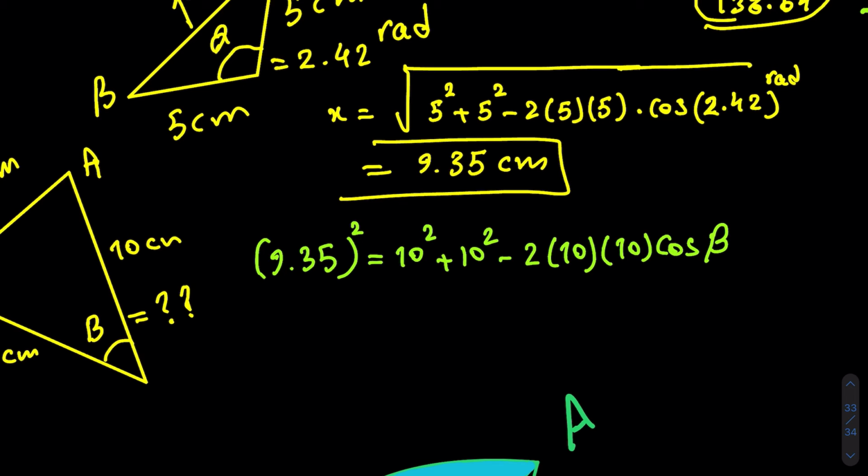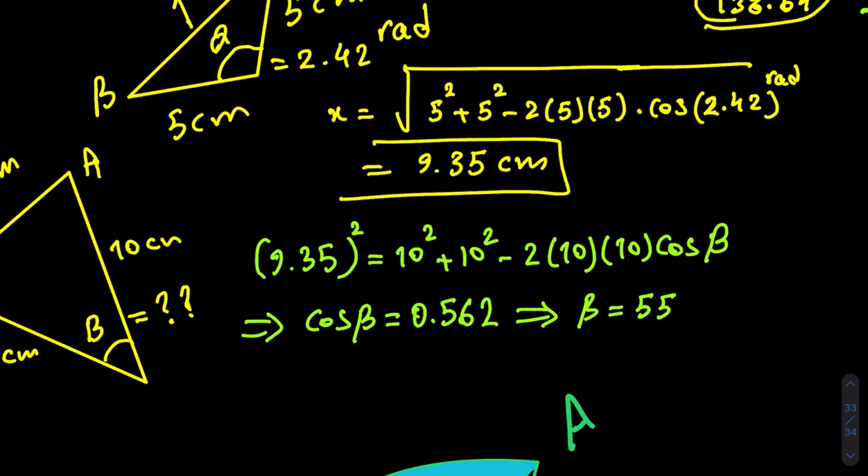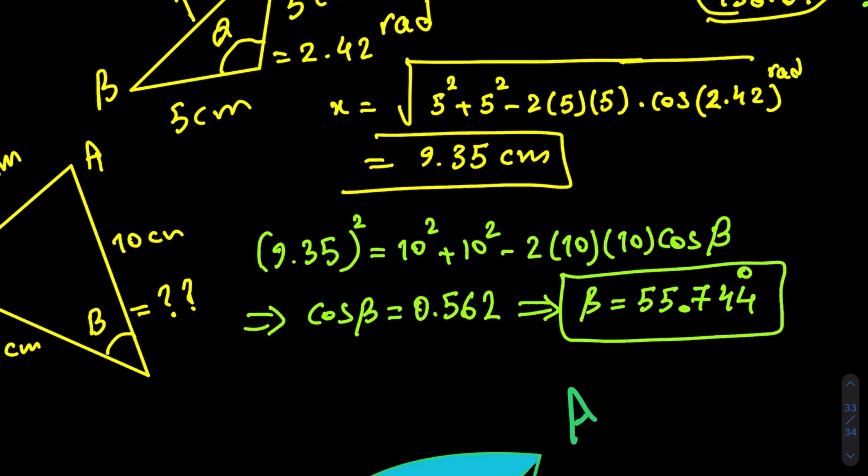And then from this equation I will get cosine beta is equal to 0.562, which, if we take the arc cosine or inverse cosine, gives the angle beta equal to 55.744 degrees, right? So this is the value of the beta angle, and we have found that.